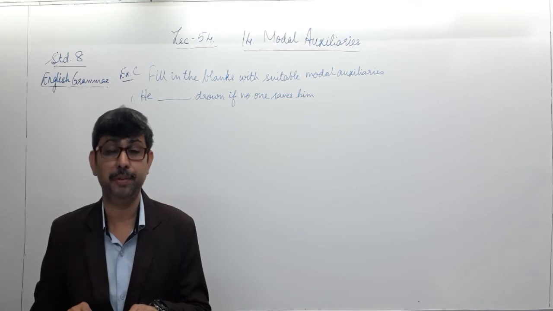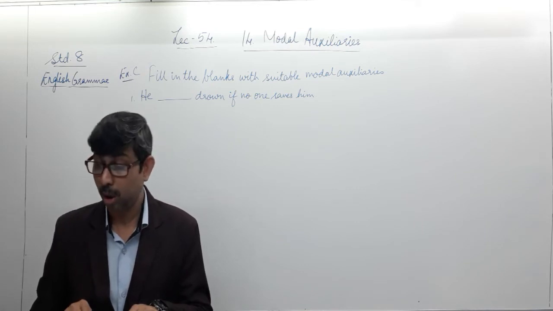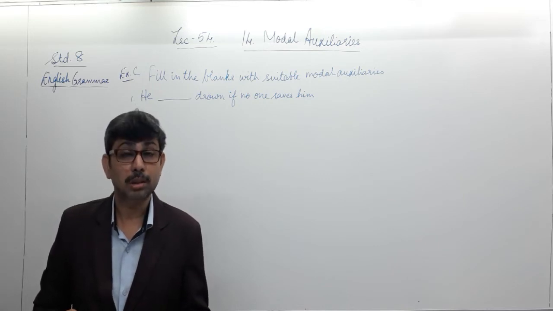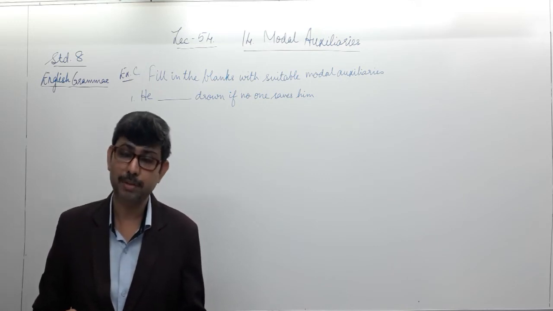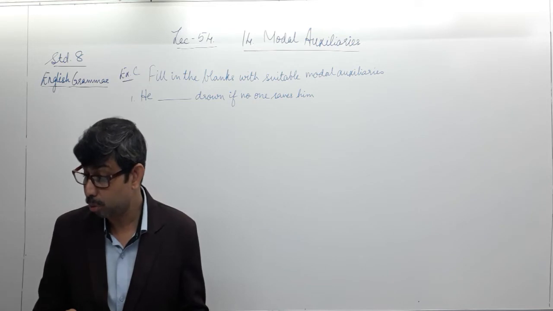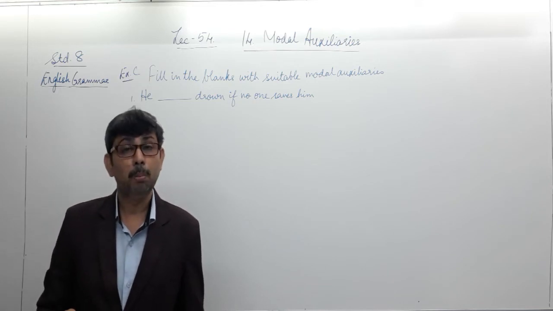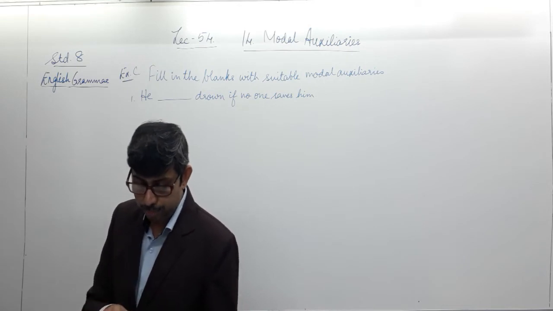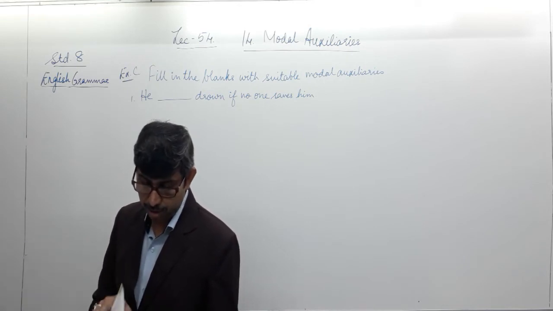Definitely it will happen if he is not saved by someone. So we are expressing a kind of strong certainty over here that it will happen if somebody does not save him because he does not know how to swim. So we will insert the modal auxiliary will over here. He will drown if no one saves him.